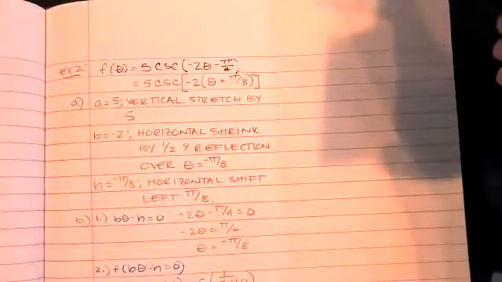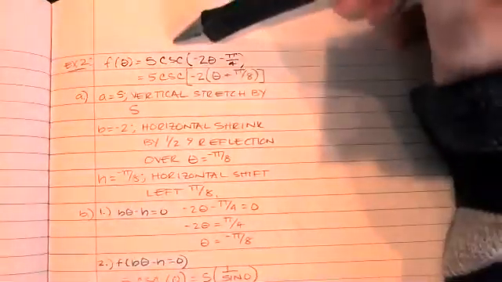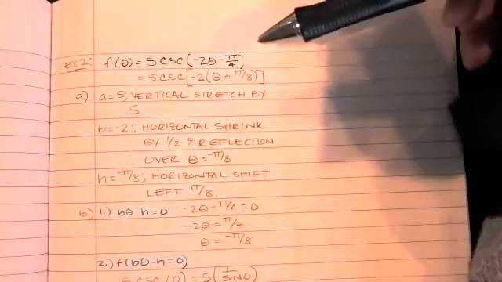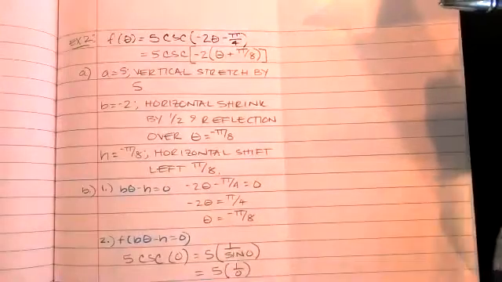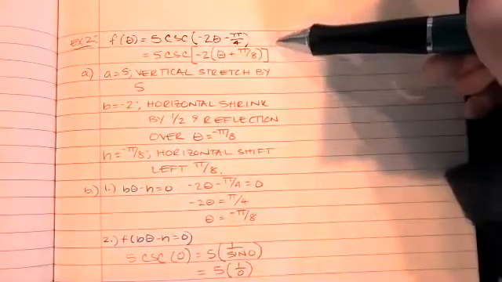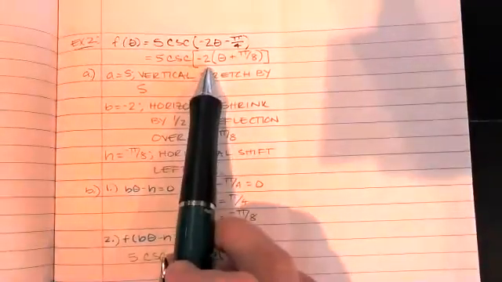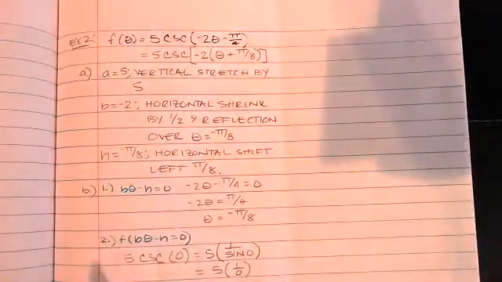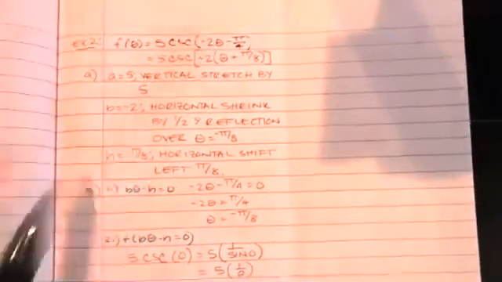Okay. Anyways, as I was saying, we rolled and we got a function 5 times the cosecant of -2 theta minus pi over 4. And so we factored out the b, as we always do, so we can see what h is without any influence of b. We've given our description.